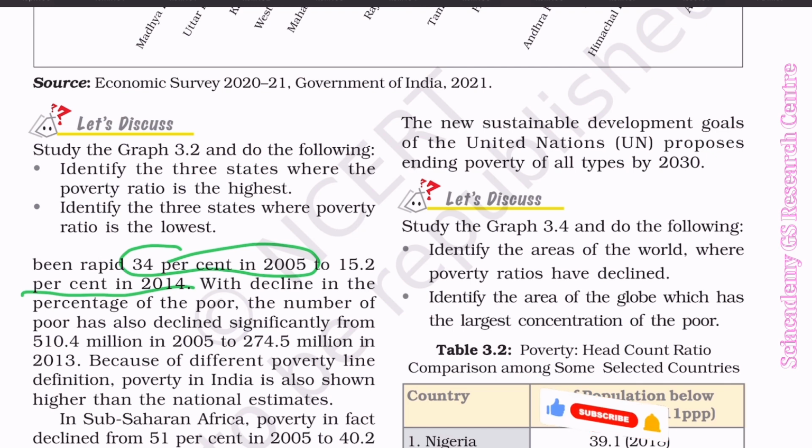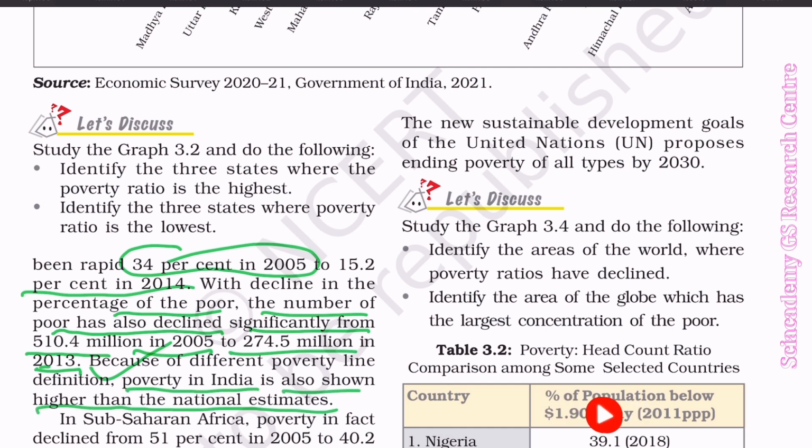With the decline in the percentage of the poor, the number of poor has also declined significantly from 510.4 million in 2005 to 274.5 million in 2013. Because of the different poverty line definition, poverty in India is also shown higher than the national estimates.